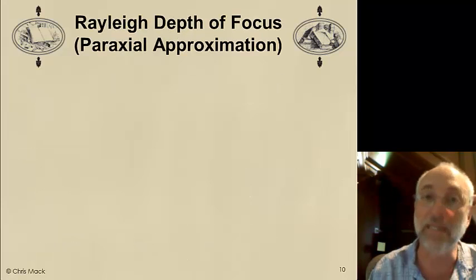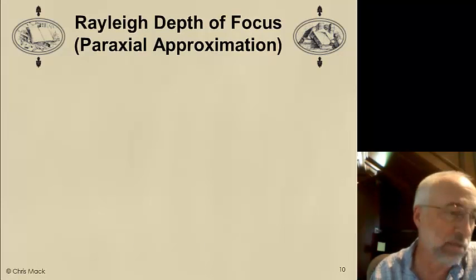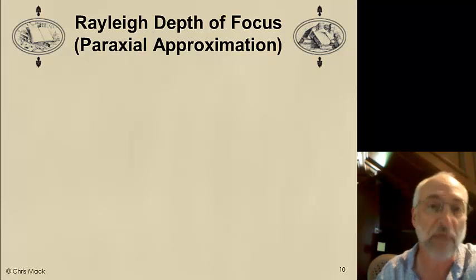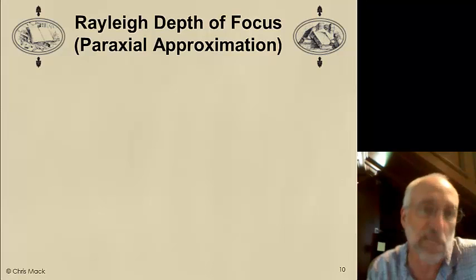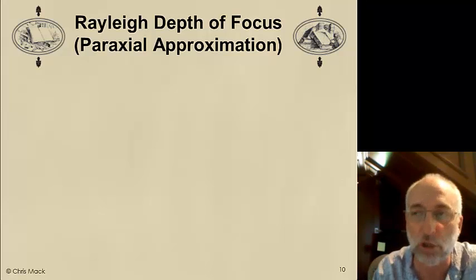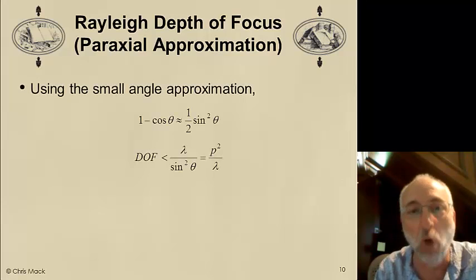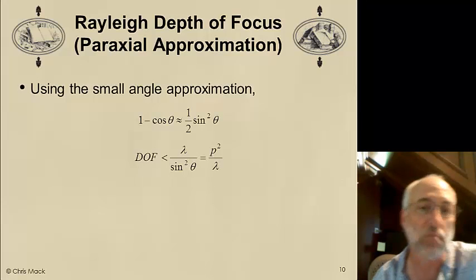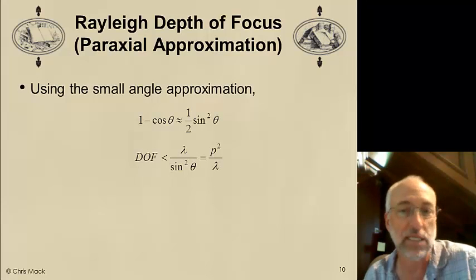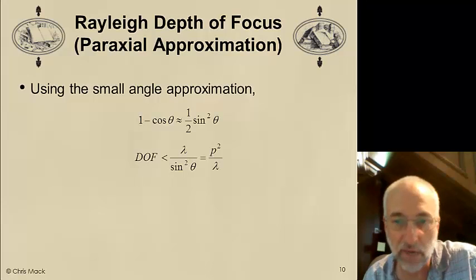What Lord Rayleigh did, though, is approximate 1 minus cosine theta with its paraxial approximation. The reason was, in the days of Lord Rayleigh, all of the angles were small. We didn't have any large numerical aperture lenses, so all the angles at work were quite small. And if we use the small angle approximation, 1 minus cosine theta is about equal to 1/2 sine squared theta.